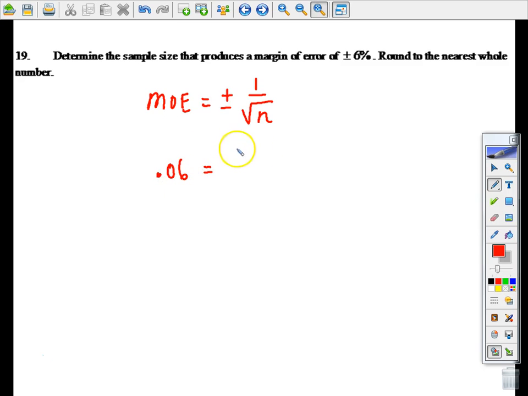What I don't know is n, the sample size. Now, I intentionally left off plus minus in this formula because sample size refers to a number of people that we will have polled, and there's no way to poll a negative number of people, so this has to be a positive result. So at this point, I wanted you to see the formula, but we're really not going to need the plus minus part.